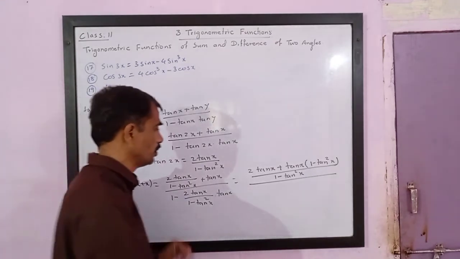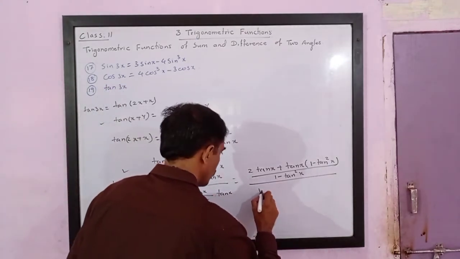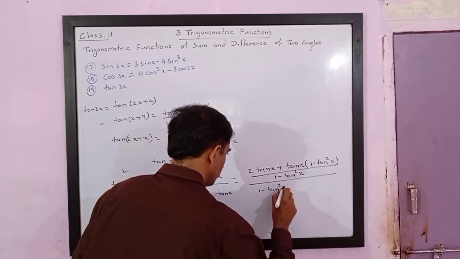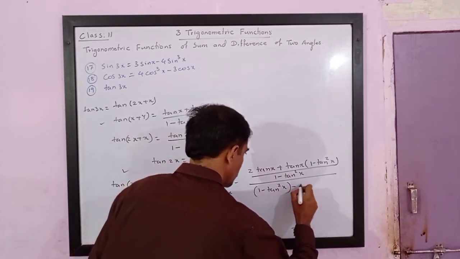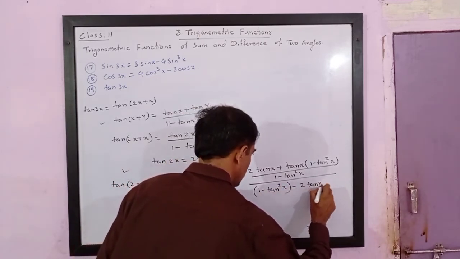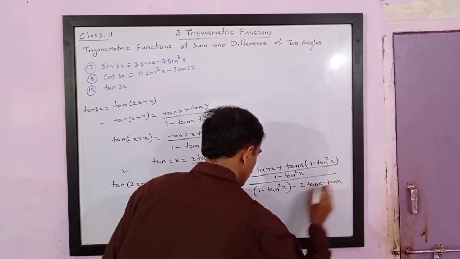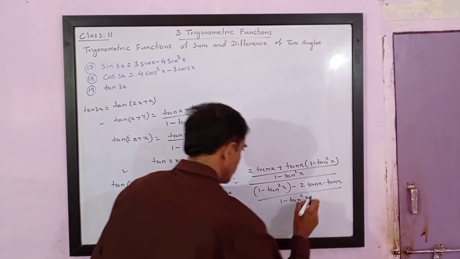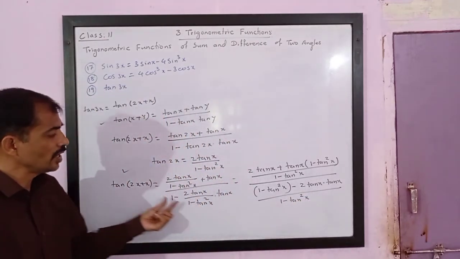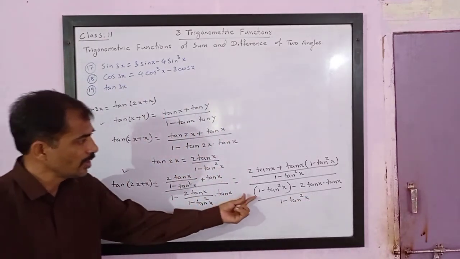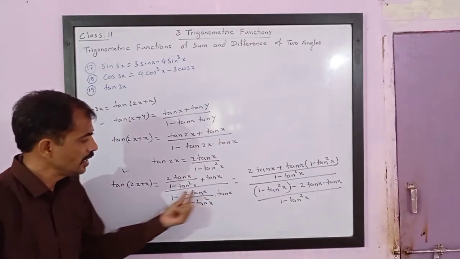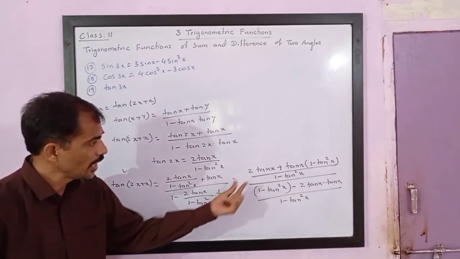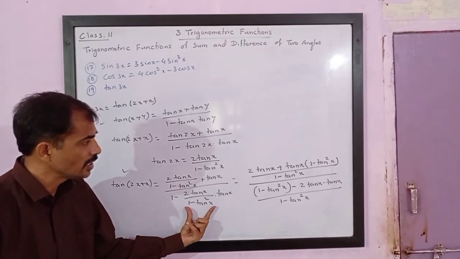So this is equal to 1 into 1 minus tan square x minus 2 tan x into tan x upon 1 minus tan square x. See, I have multiplied 1 minus tan square x by 1, I will get the same 1 minus tan square x. This is as it is, minus 2 tan x into tan x upon common denominator 1 minus tan square x.